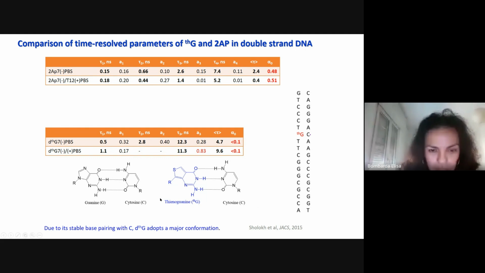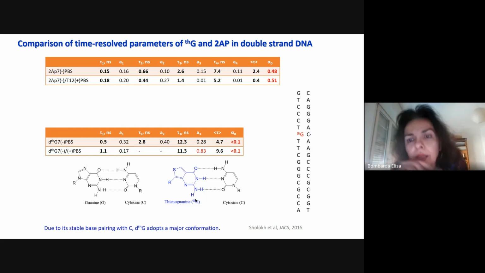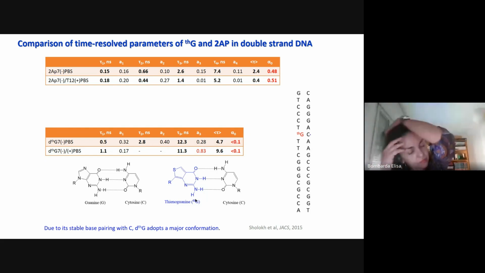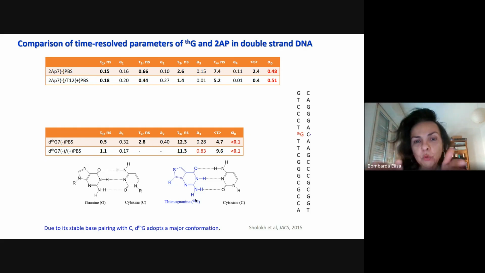The thienoguanosine adopts a major conformation in duplex, in agreement with the steady state properties, as we saw that one tautomer was selected, and so of course a species is taken out from the pool of possibility.